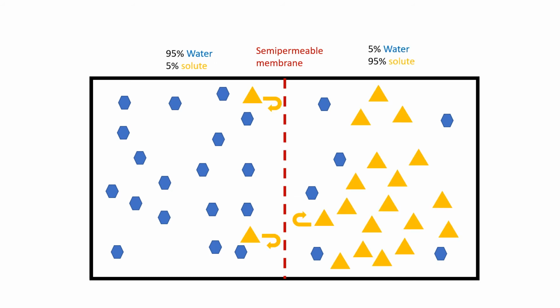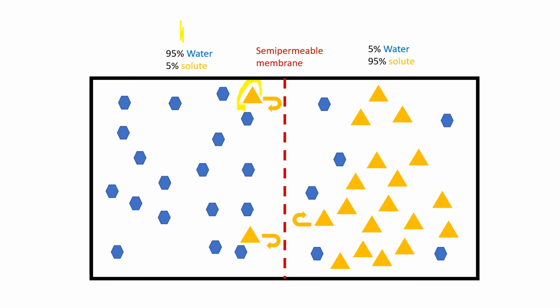So here's another slightly more complex situation. I've taken this same box, the same container, and the same semi-permeable membrane, but in this case, I haven't just put these blue water molecules in here. I've put two different solutions on one side versus the other. On this side here, I've put a solution of 95% water and 5% of these orange solutes right here.